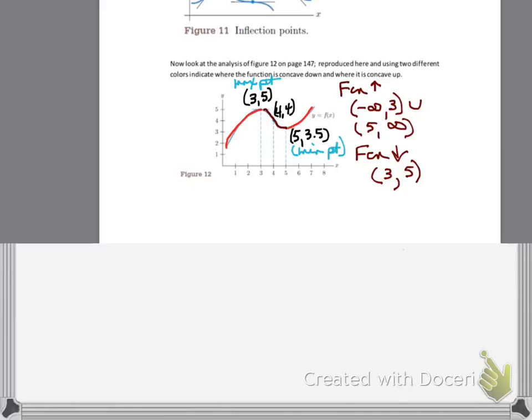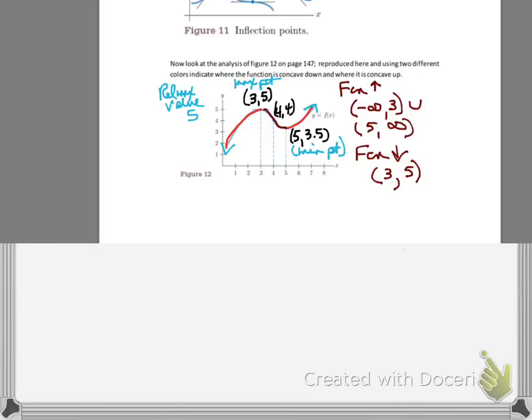Okay, now because my function does not have endpoints, the maximum is a relative maximum point, and the minimum is a relative minimum point. So what is the relative maximum value? Relative max value, I would just tell myself the y.